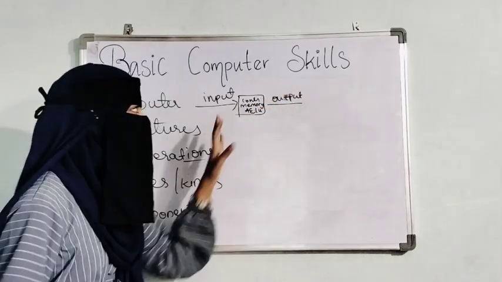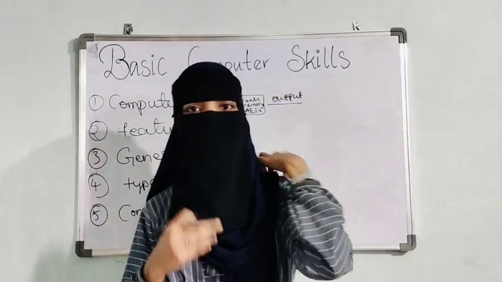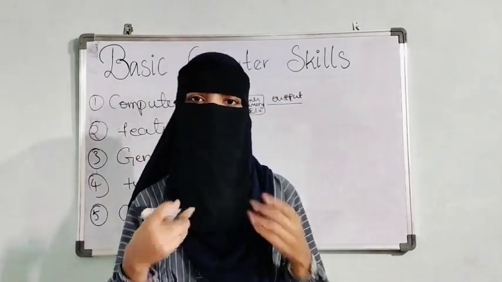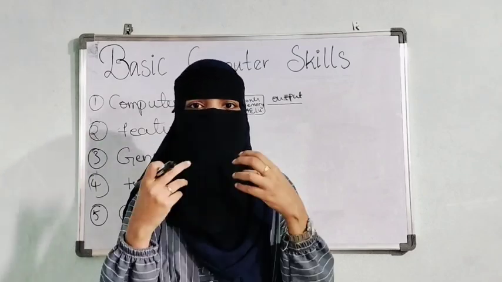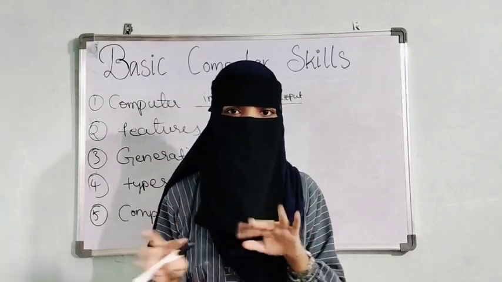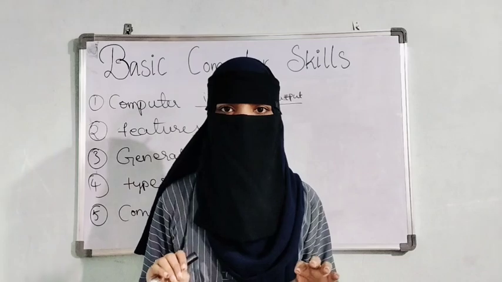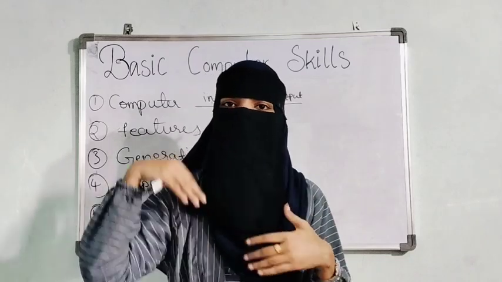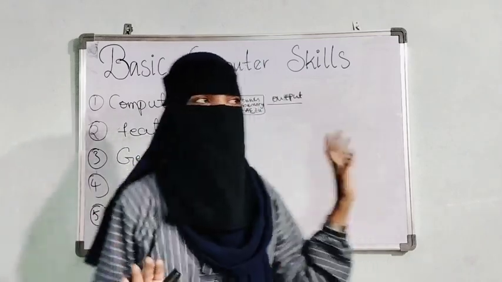Yes or no? So input is nothing but what we are giving inside a computer. What are our commands? What is our need? We will be sending some text because we want something from the computer, no? So whatever we are sending into the computer is known as input.